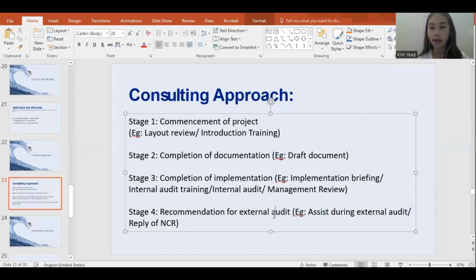The clients will check with our consultants, things like that. So this is the part where our consultant will still do the job by supporting them for the external audit. Why? It's because we just want to make sure that they pass the audit.